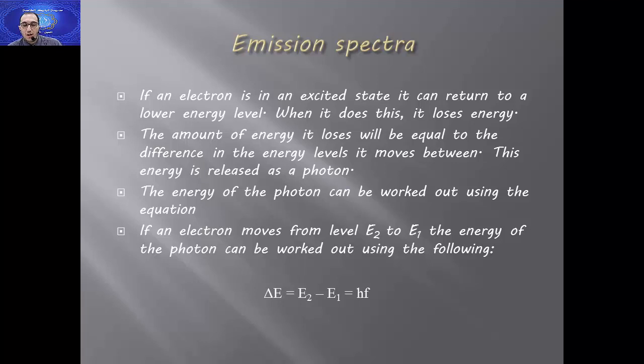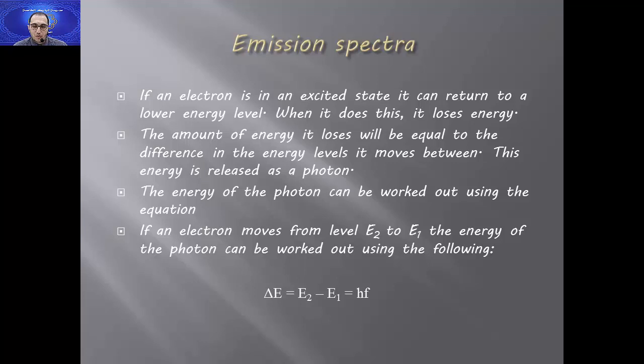The energy of the photon can be worked out using an equation. If an electron moves from level E2 to E1, the energy of the photon can be worked out as follows: delta E, the change in energy, equals E2 minus E1. This delta E gives us the energy of the photon.